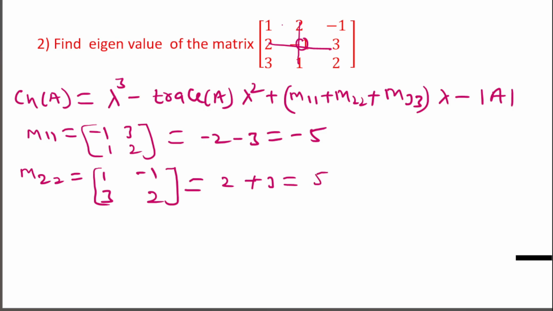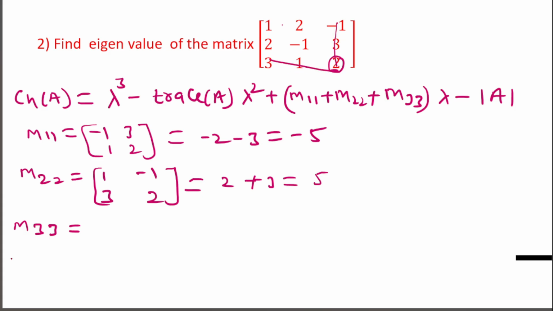Next we have to write M33, the diagonal sum of M33. M33 means this element, third row and third column element. Next we delete this row and this column.